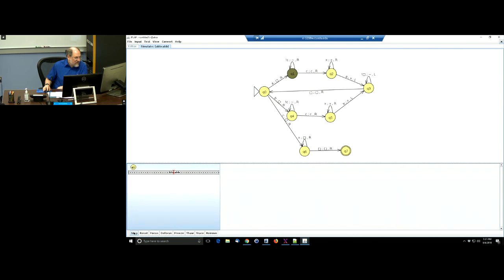That looks good. That looks good. Whew, that worked. Then we move past the C. We're looking at A, so we mark it as an X. And now in Q3, we're saying, as long as this isn't a blank, just write out whatever's there and keep moving to the left. Oh, it worked. And then when we see the blank, we're back in Q0.